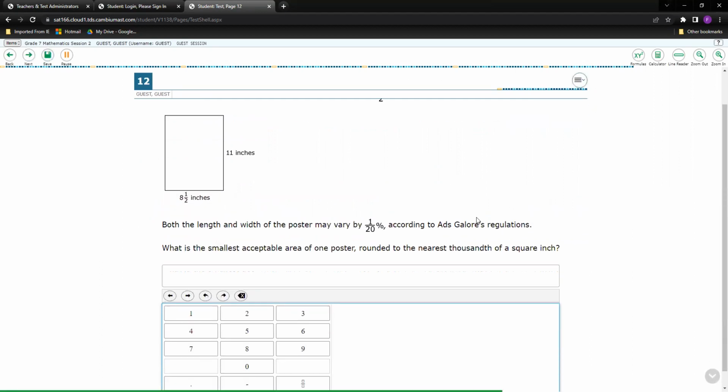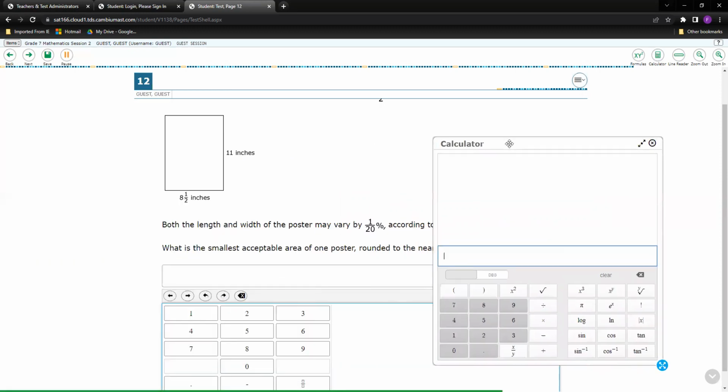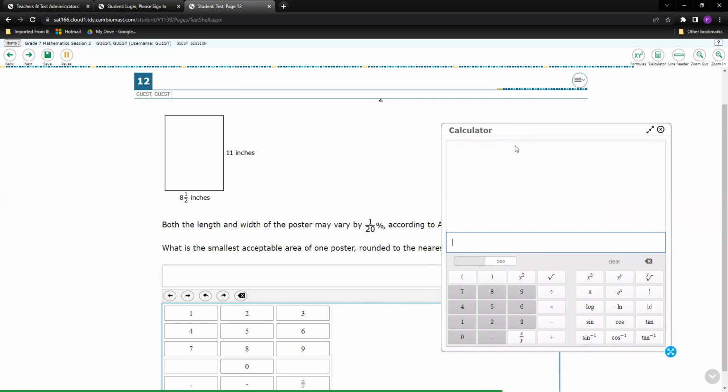Okay, here we have to vary the length of 8.5 and 11 by 1/20%. So let's bring the calculator here and let's start by finding out what that percentage is. Is 1 divided by 20.